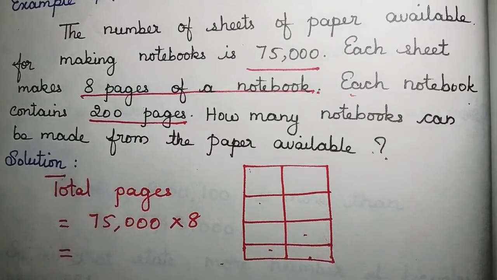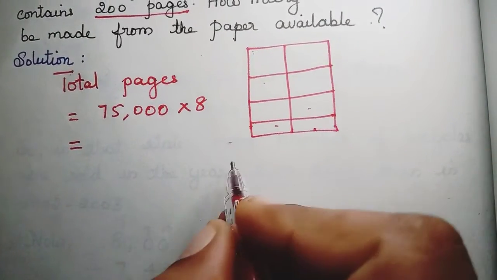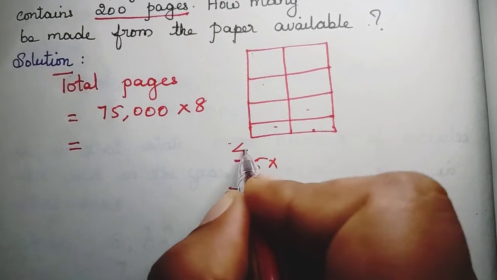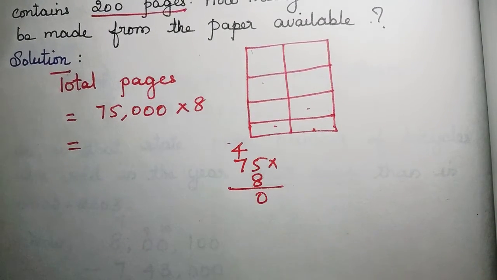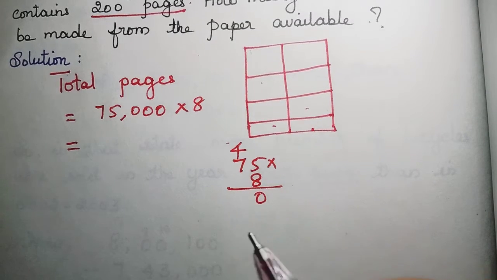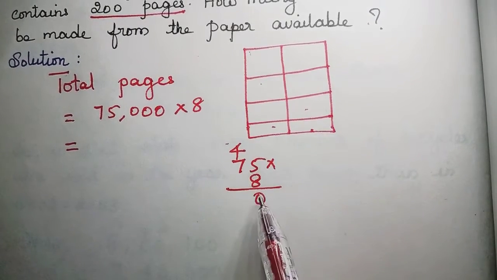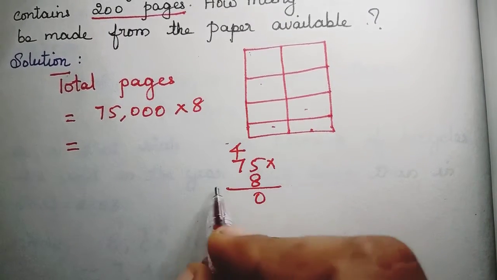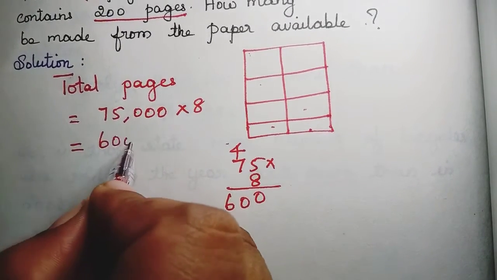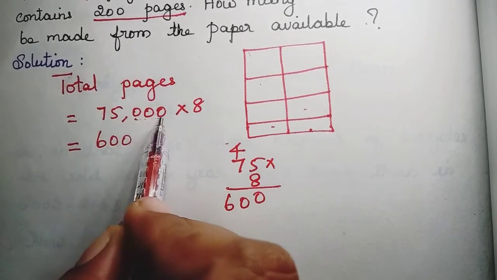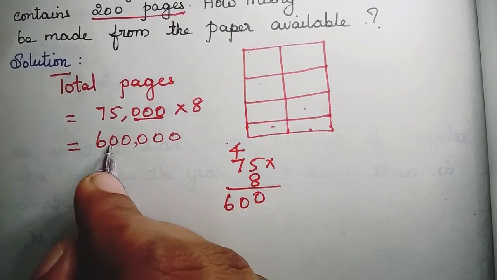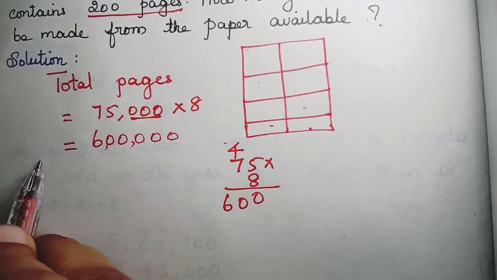Let's find it. 75 into 8. 5 8s are 40. 7 8s are 56 plus 4, it's 60. So write it here, 600, and write the zeros here. How many zeros are here? 3, right? 3 zeros. So this is the total number of pages available.